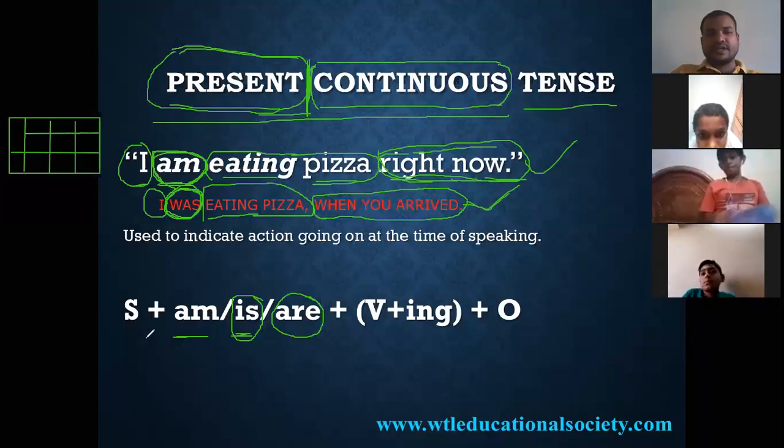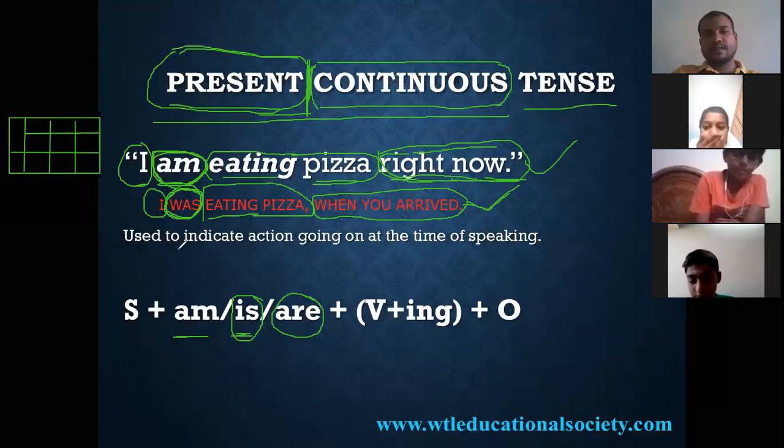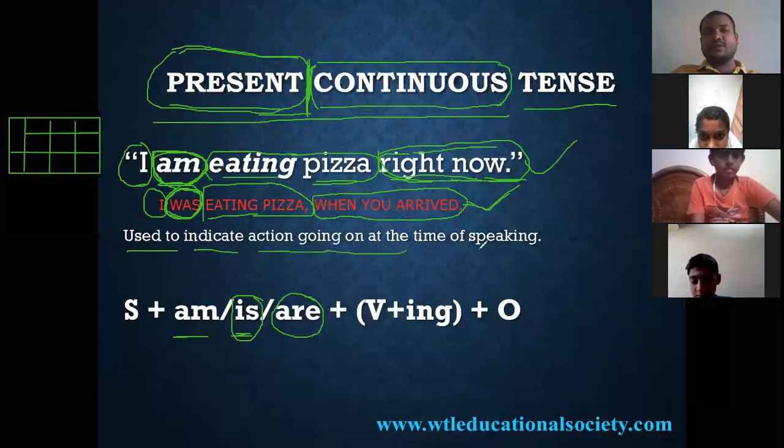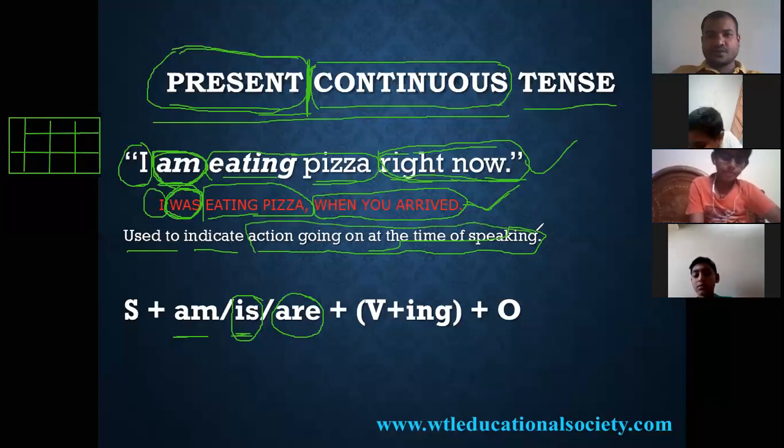So what is the structure here? First, come to this usage. The present continuous tense is used to indicate an action going on at the time of speaking. At the time of speaking is nothing but at the moment.